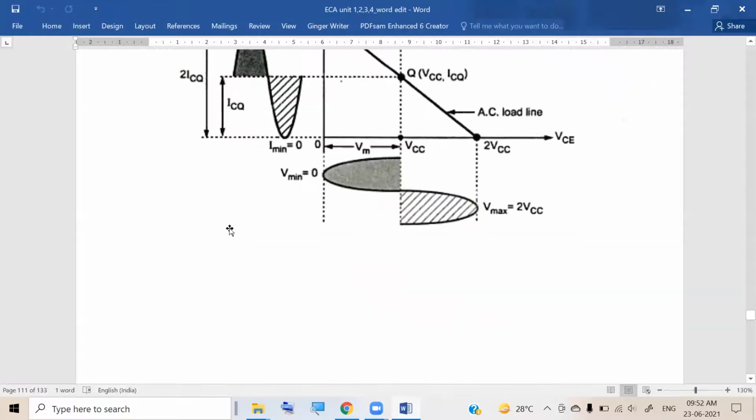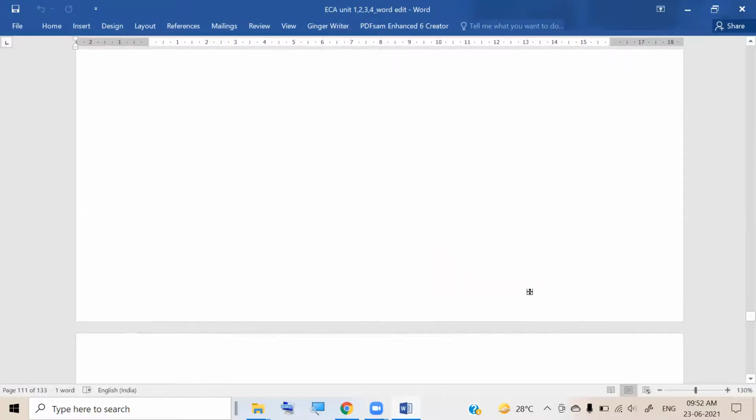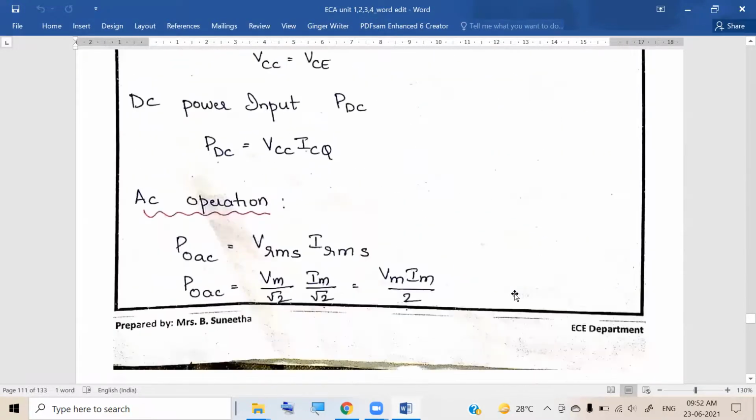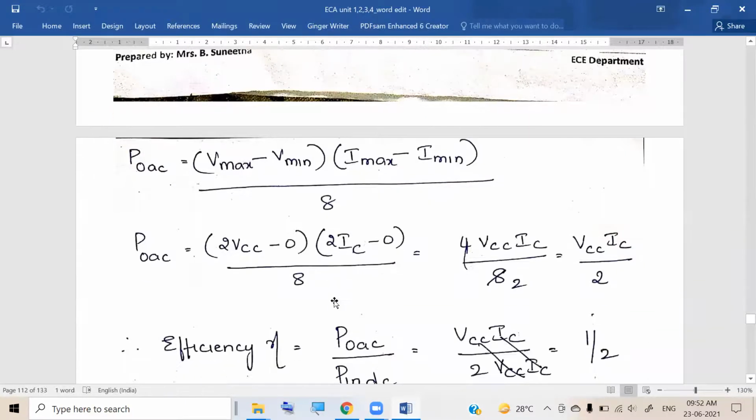So let us put those values. Remember Imax is 2 ICQ and Vmax is 2 VCC. So what we will have here: 2 VCC minus 0, 2 VCC, and 2 ICQ minus 0, 2 ICQ.